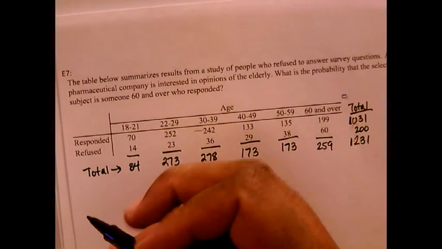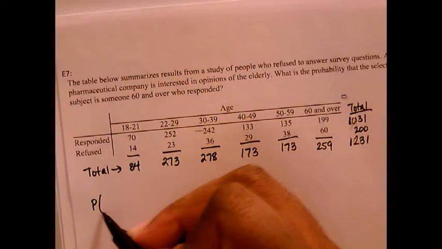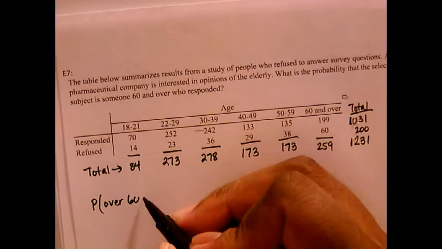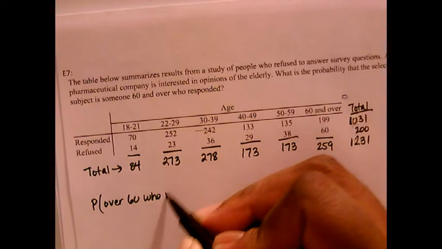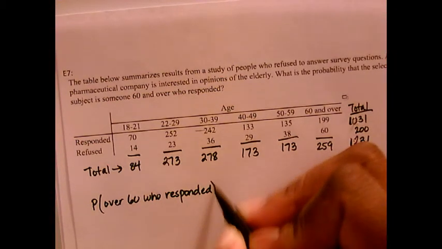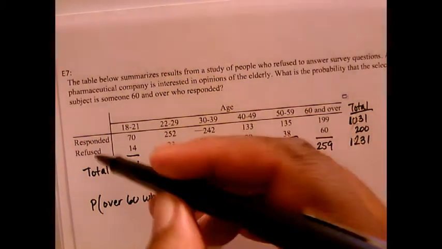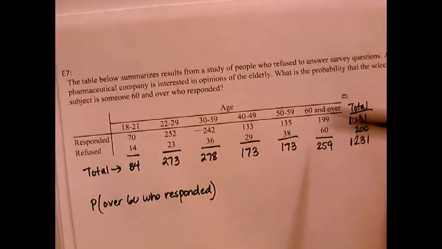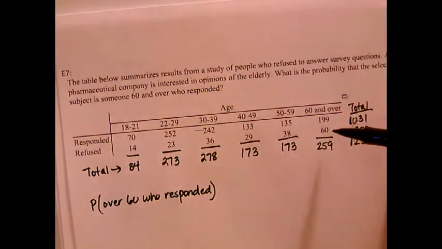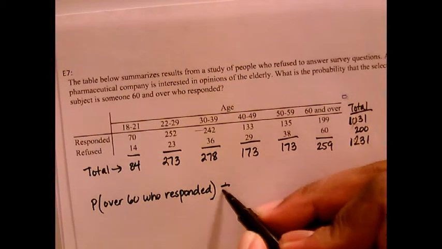Alright, so now we want the probability of a person that's over 60 who responded. Now here we don't need to use the formal addition rule, because if you look at this column of 60 and over and then responded, that number is 199 out of the total of 1,231.